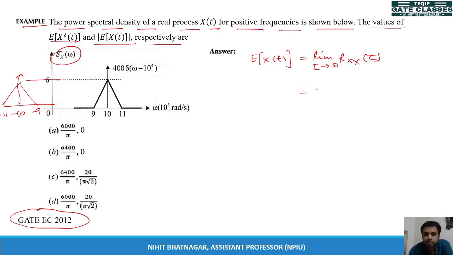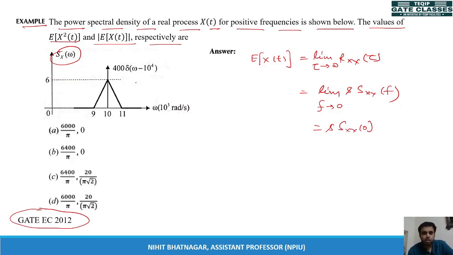In the frequency domain, it becomes limit as f tends to 0 of s into Sx(s). Now put f equal to 0, and it becomes s into Sx(0).